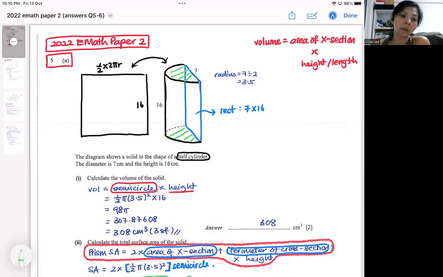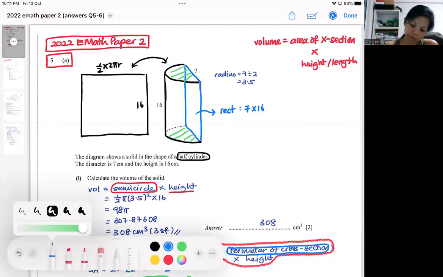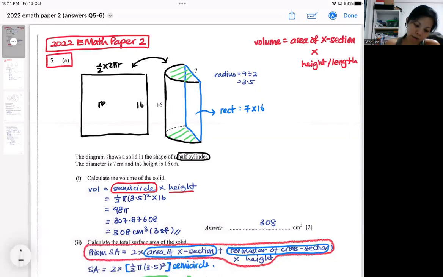If you're not doing the prism formula, then you have to add piece by piece. You end up adding two rectangles with two semicircles. That should also give you the same answer. But for this question, I choose to see it as a prism, even though the description is half cylinder.